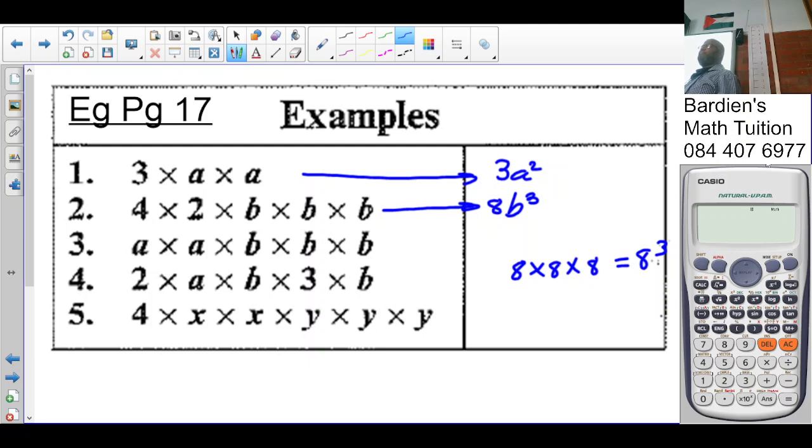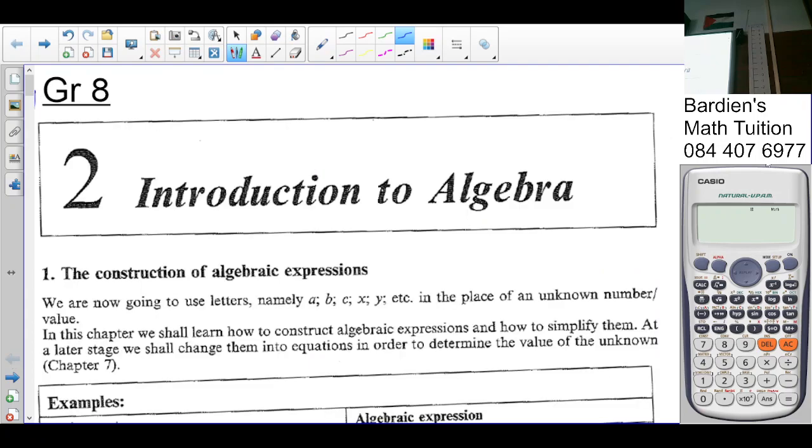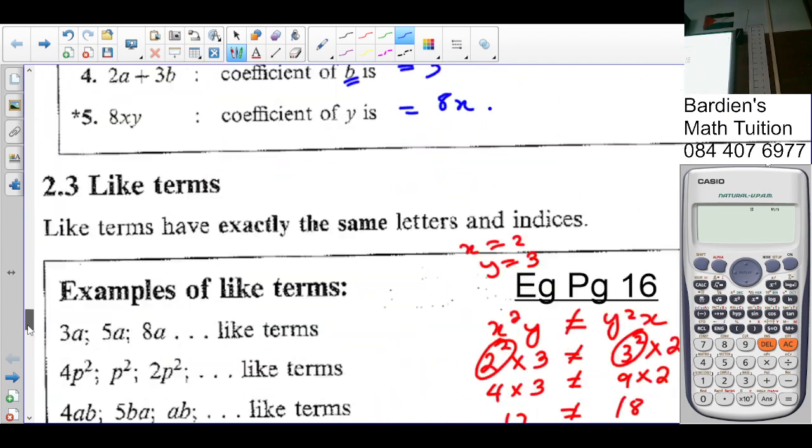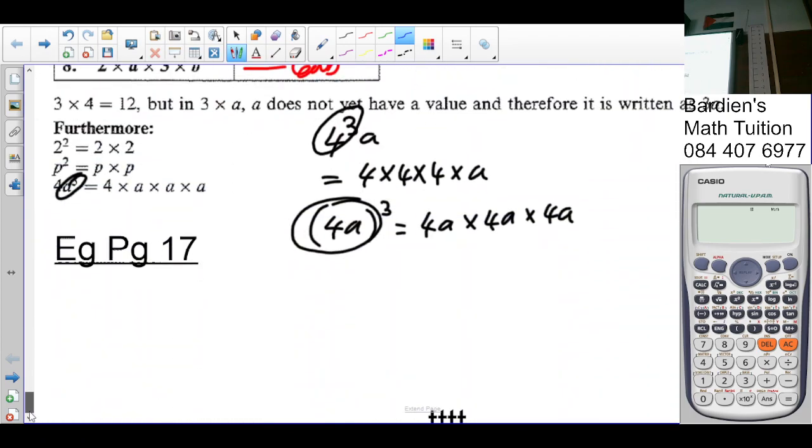So why would it be that? Because coming back to what we just told you on the previous page, 2 times 2 is 2 squared.